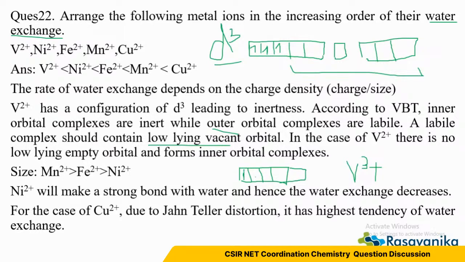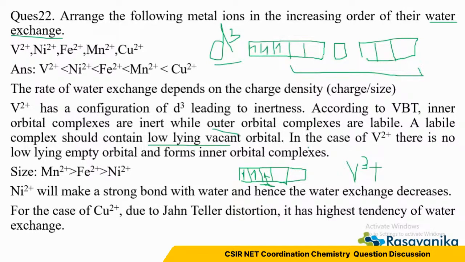So for the vanadium 3 plus, 4s2 3d3, three electrons have been removed, we get this. So you can see this orbital is empty, right? This is called an empty low-lying vacant orbital.